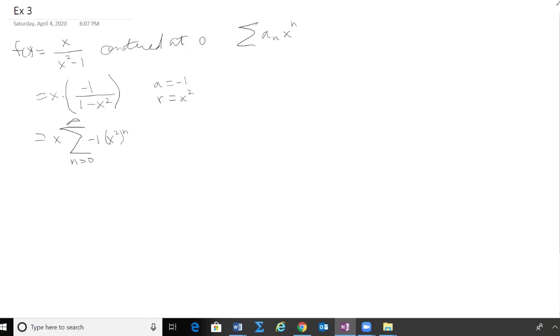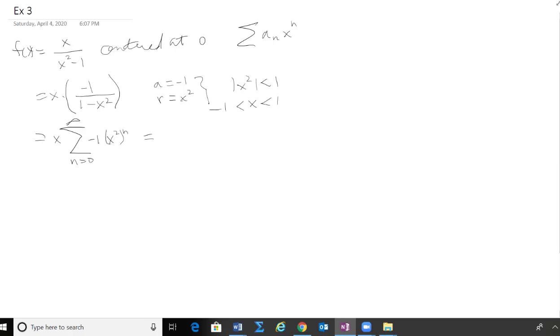So I just use this, put my a in and put my r in place of x. So my r is actually x squared. And by the way, notice that the fact that r is this tells me this, which is another way to say this.